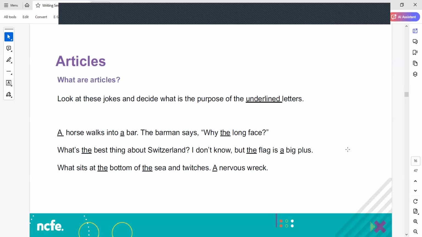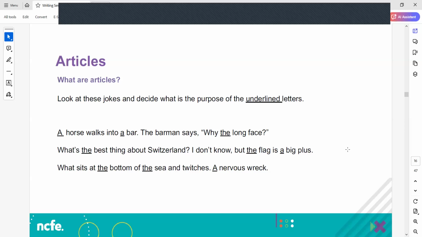So the articles in these sentences or jokes are underlined, okay? A horse walks into a bar. The barman says, "Why the long face?" So we've got a and the. What's the best thing about Switzerland?